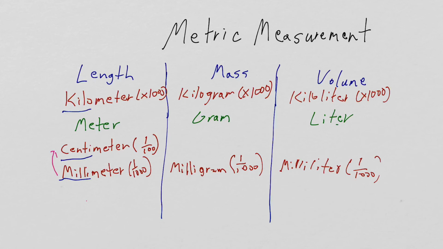Now, if you watched the last example, which of course you should have because it was on this video, you'll see that if we're going from a smaller unit to a bigger unit, that is going to be division, okay? Because we've got smaller pieces, we're putting them into a bigger container, putting equal amounts into larger containers. So that means we're dividing up the small pieces into equal groups. So that is division, okay?